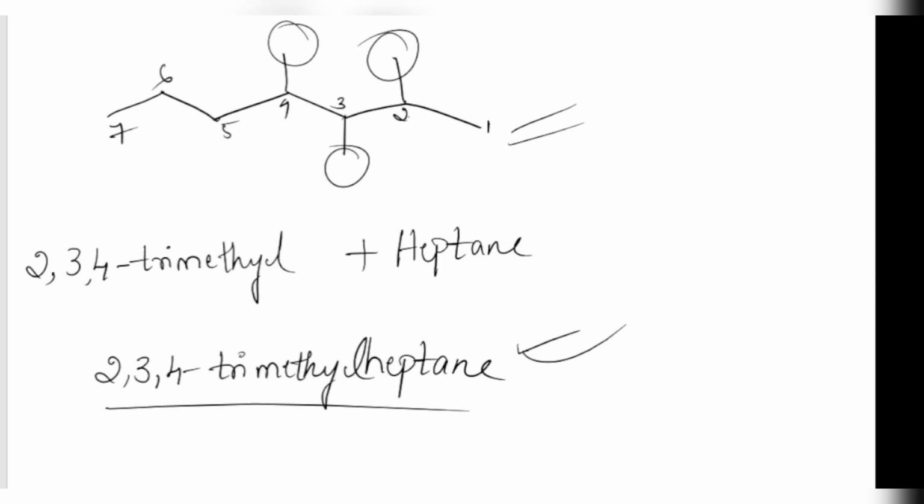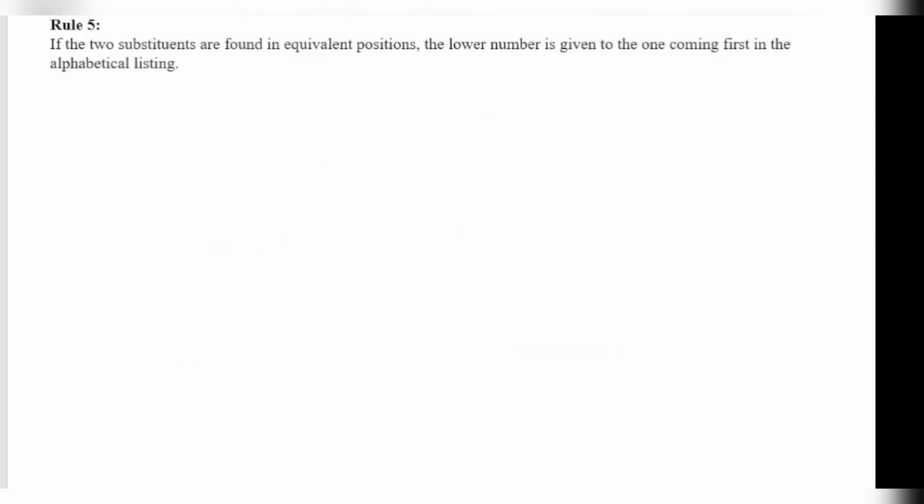Now we'll move on to the next rule, that is the last rule. If two substituents are found in equal positions, the lower number is given to the one coming first in alphabetical listing. Here I will take halogens. We know that for simplicity we have to know about 4 halogens, that is fluorine, chlorine, bromine and iodine.